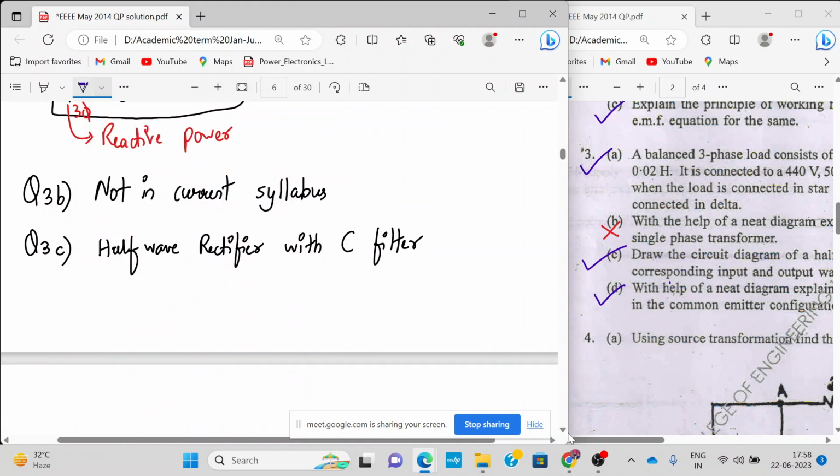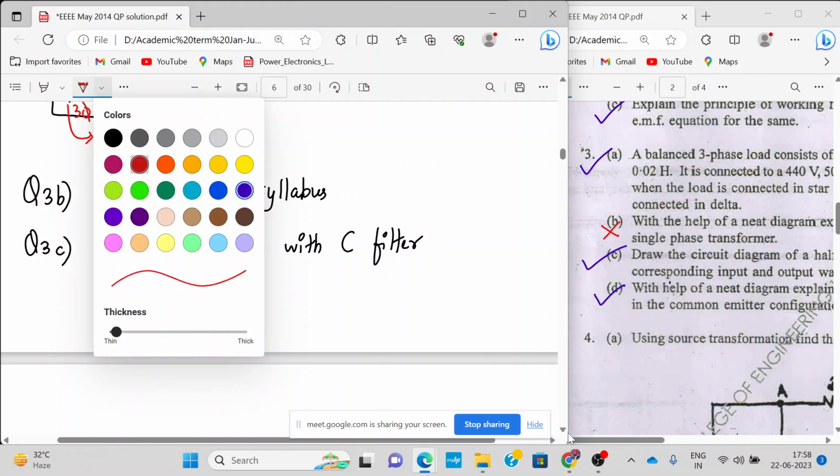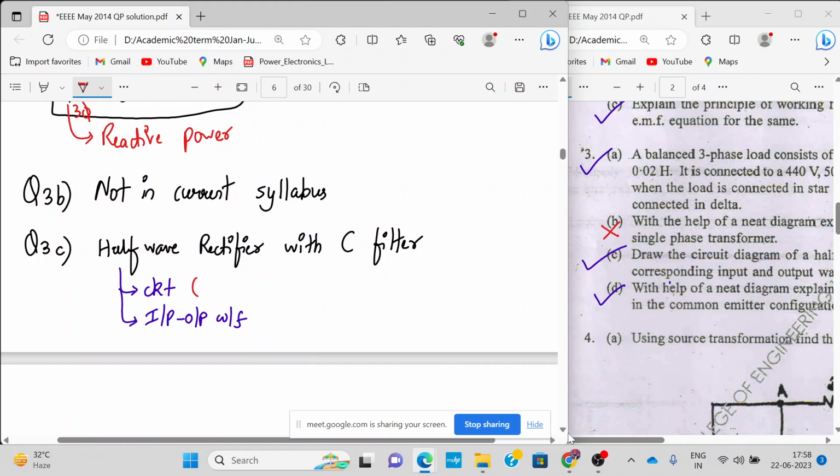So circuit, input output waveforms. So marks are, let's say this is given as around 2 and this is 3, if it is a 5 marks question.